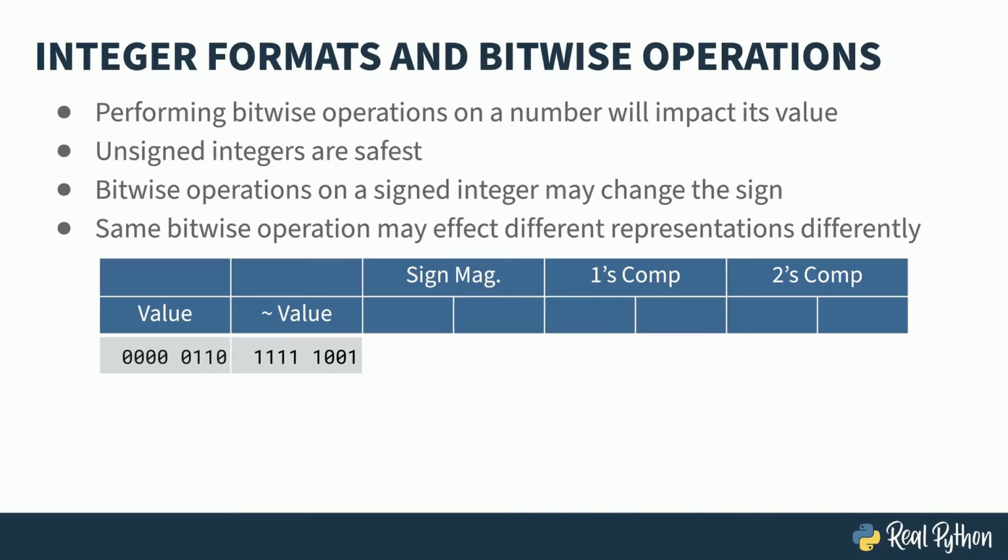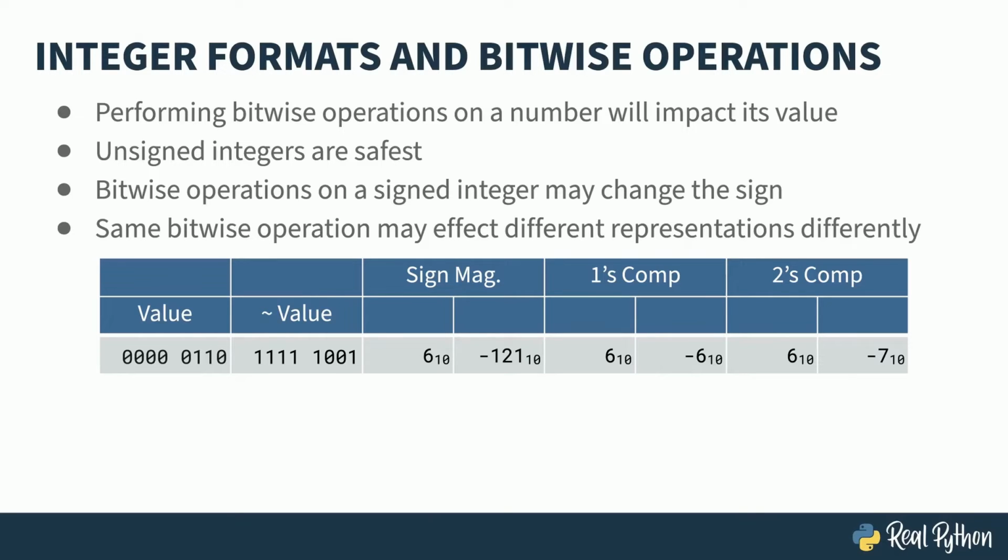The decimal value in sign magnitude is 6, and the NOTed value is minus 121. The same two values in 1's complement give 6 and minus 6, and 6 and minus 7 in 2's complement. The same two binary values give 4 different variations on what they mean.